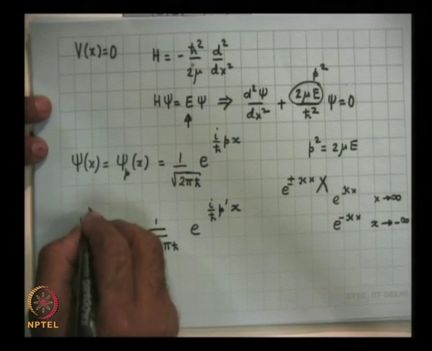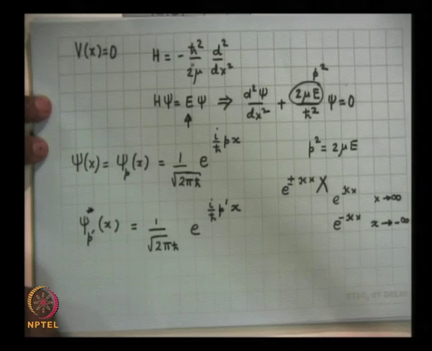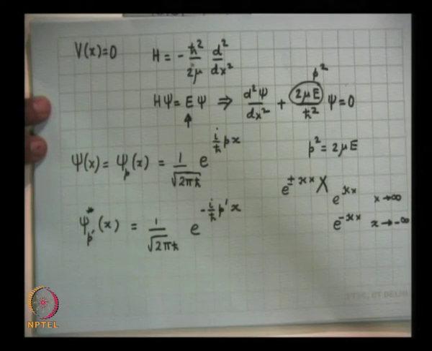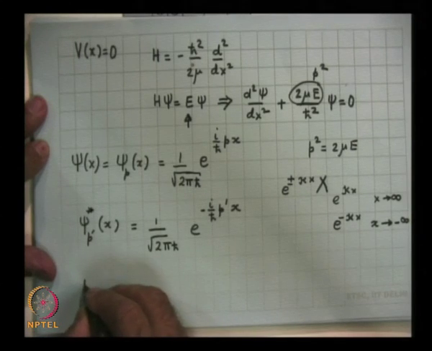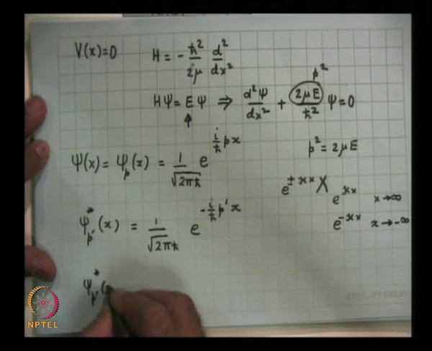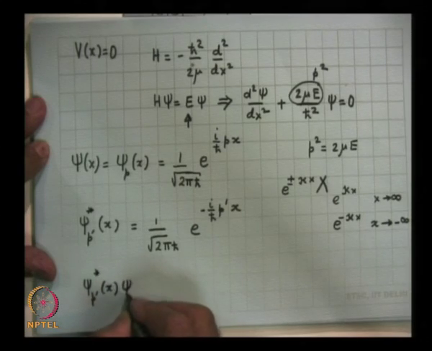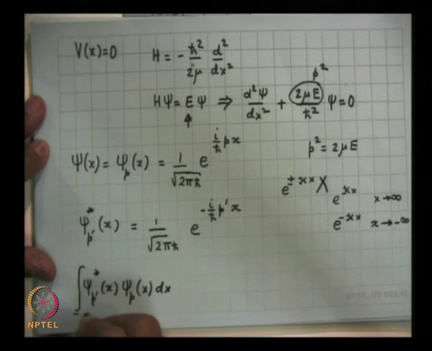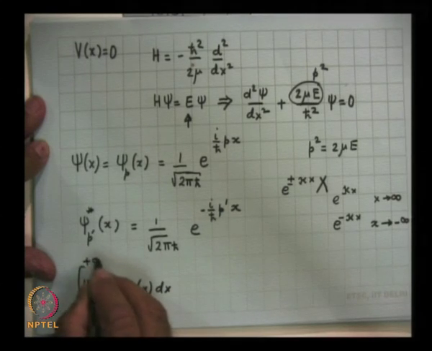If I take a star here, make the complex conjugate, then this will be minus here, and I can write down the integral of psi p prime star x psi p x dx from minus infinity to plus infinity.